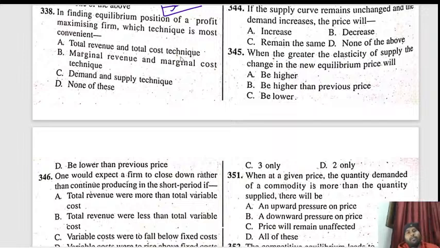Moving ahead, question number 338. In finding the equilibrium position of a profit maximizing firm, which technique is most convenient?